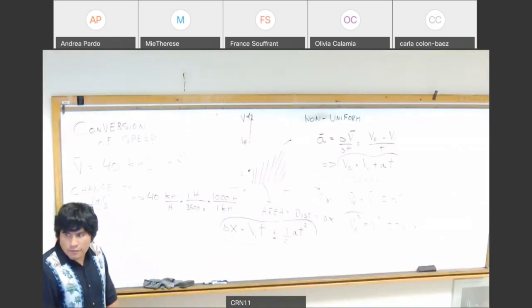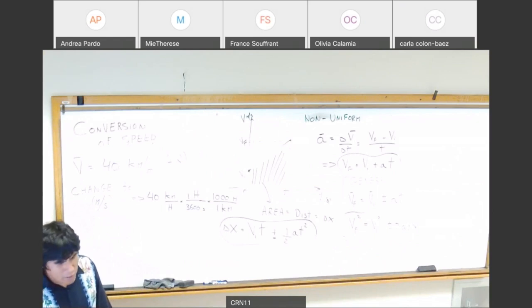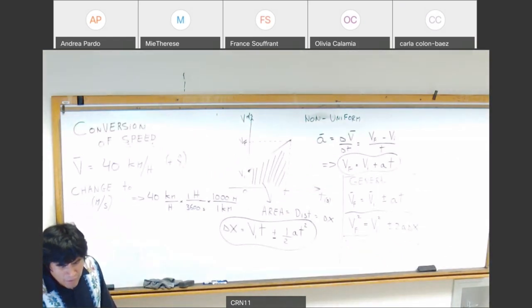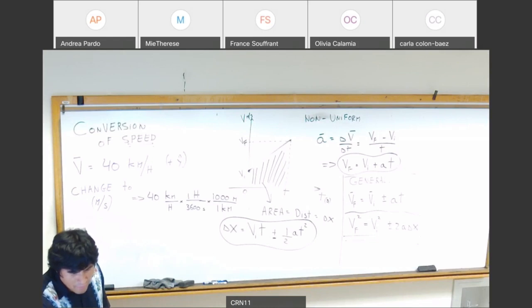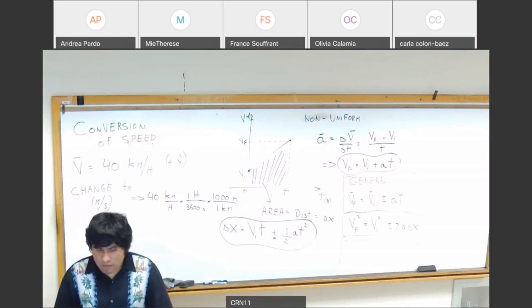There it is, right? Can you see the whiteboard clearly or not? Can you guys see the whiteboard, or is it too bright? It is too bright, Professor. Can you see it now?